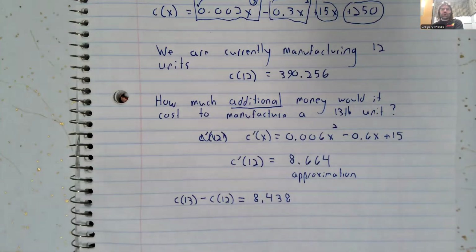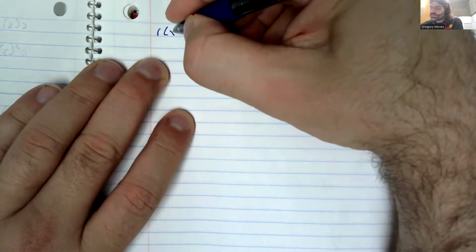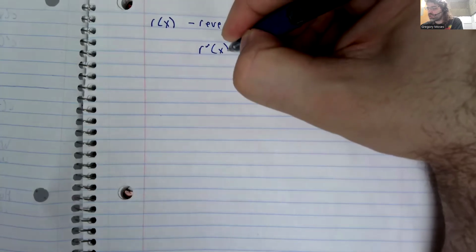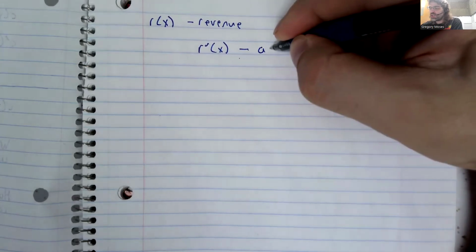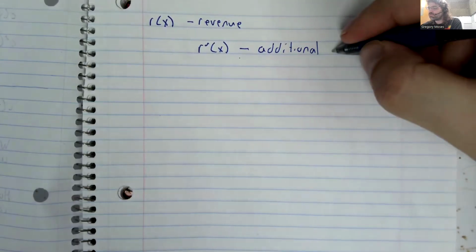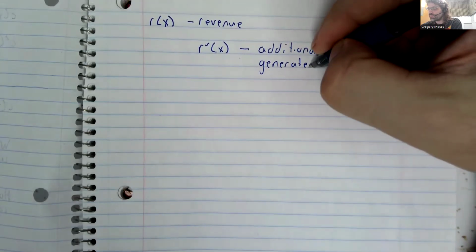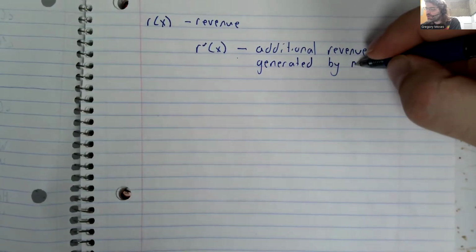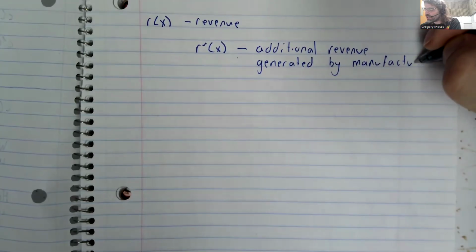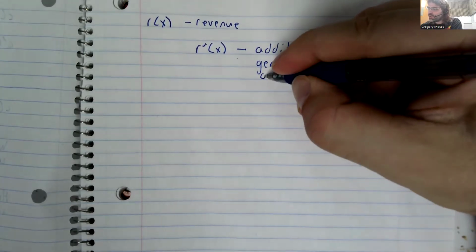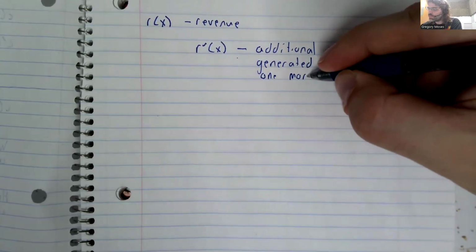I introduced this in terms of marginal cost, but if R of x is a revenue function, we can just as well talk about the marginal revenue, the additional revenue generated by manufacturing one more unit.